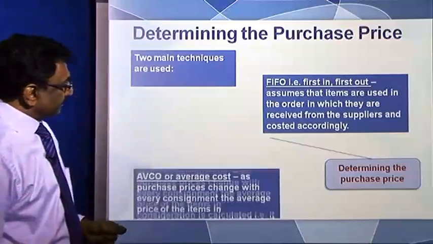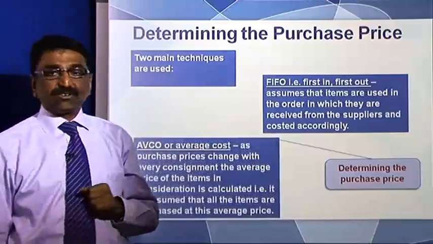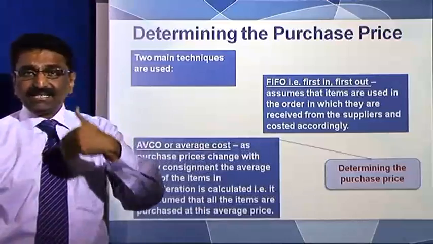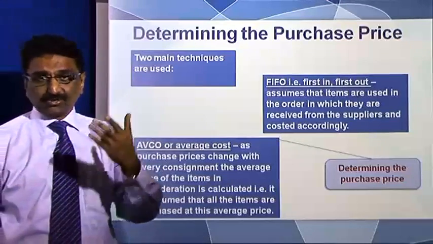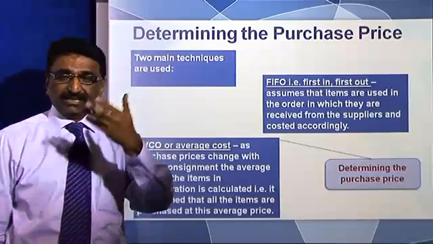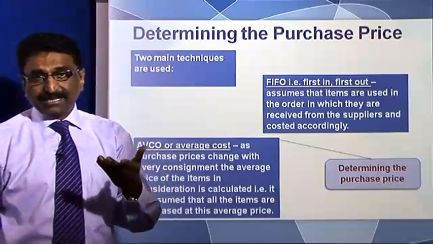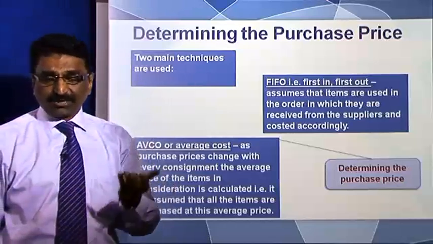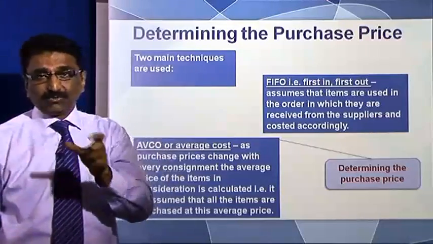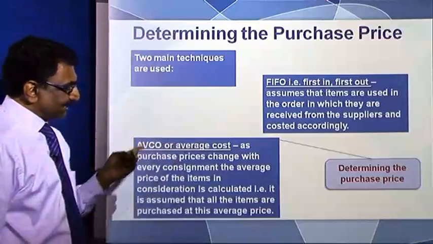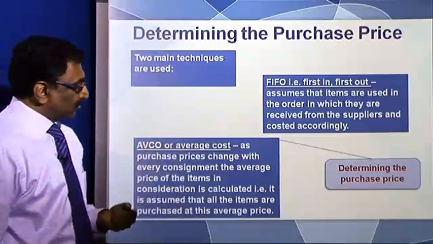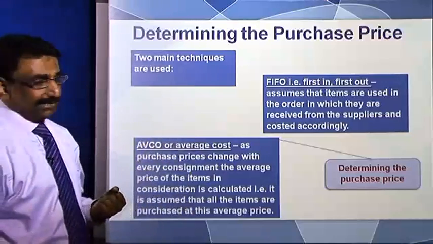And the other is called the average cost method, where as the supplies keep coming in, the average cost is calculated. So you had, say, something valued at 1000 rupees, and then again a stock for 1200 rupees came in. You add the two, divide by the number of units, and arrive at the average cost. We will see an example shortly.